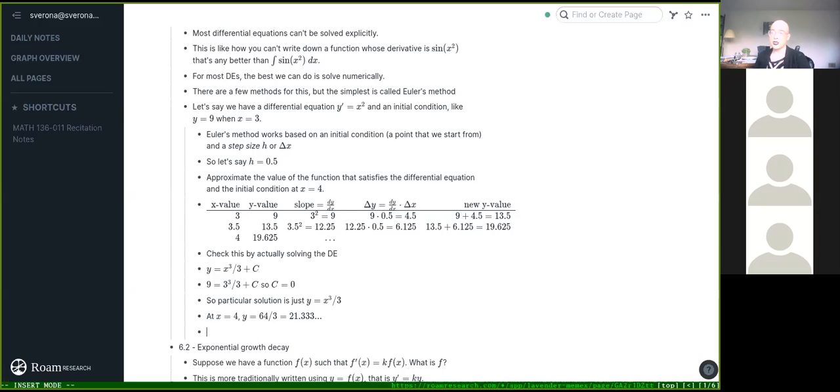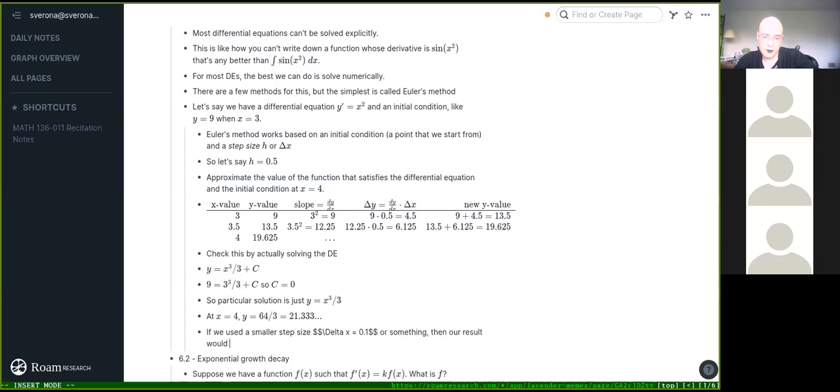So that was a lot of blather. Here's the important thing. If we used a smaller step size, like maybe 0.1, then our result would be more accurate.